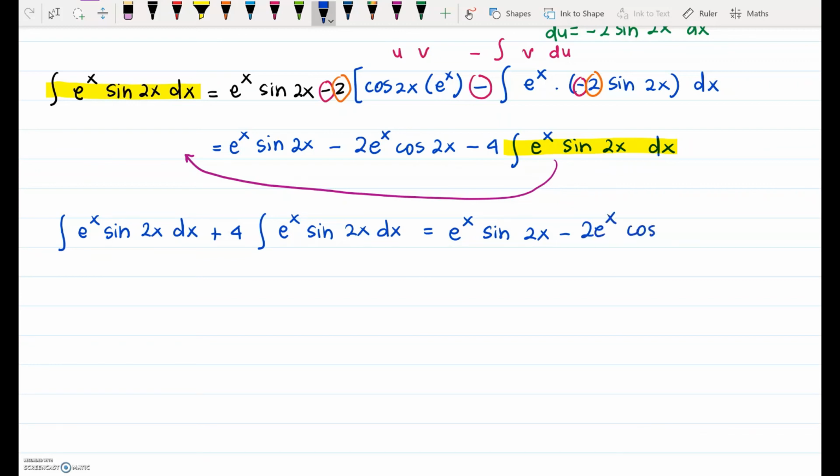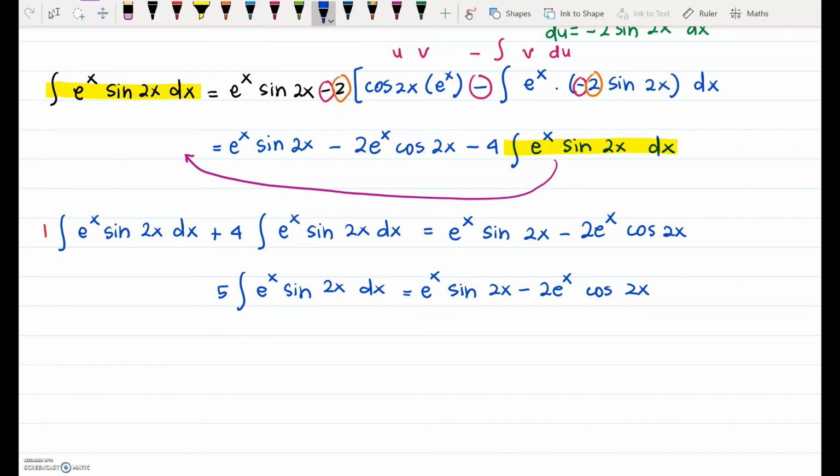Now we can simplify. 4 plus 1 gives 5, so 5 times the integration of e^x sine 2x dx equals e^x sine 2x minus 2e^x cos 2x.